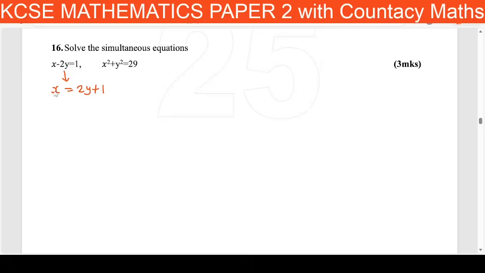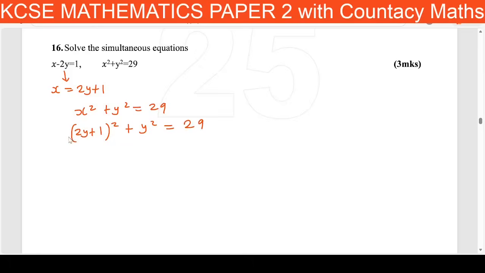And then we pick this other equation, x squared plus y squared is equal to 29. So instead of writing x, we are going to write 2y plus 1. Therefore, we write 2y plus 1, and then we square that, and then we have plus y squared is equal to 29. For this, we open up the brackets.